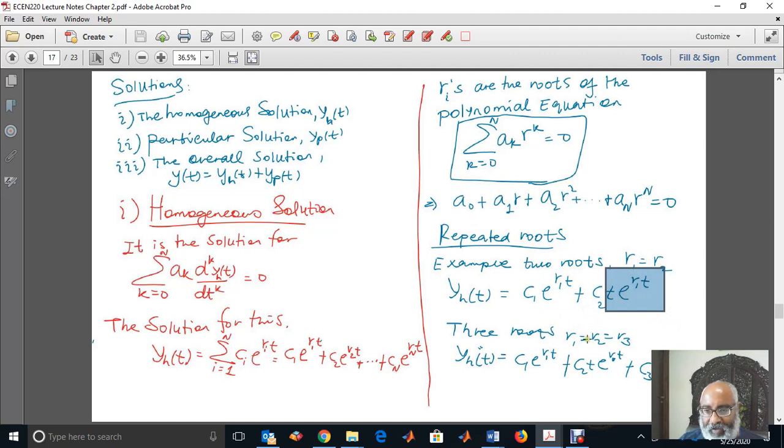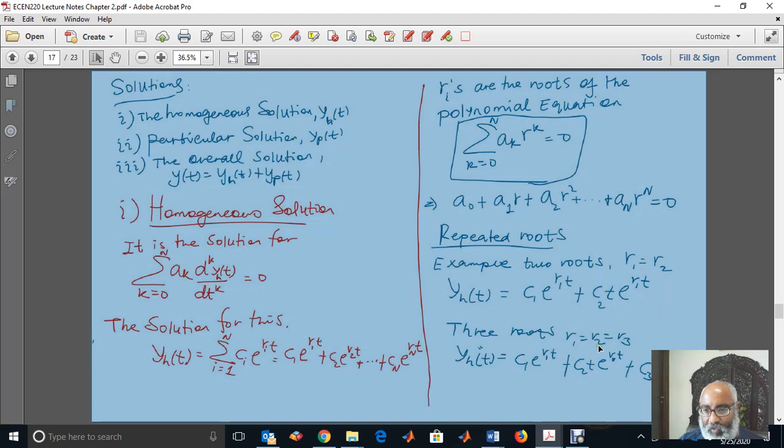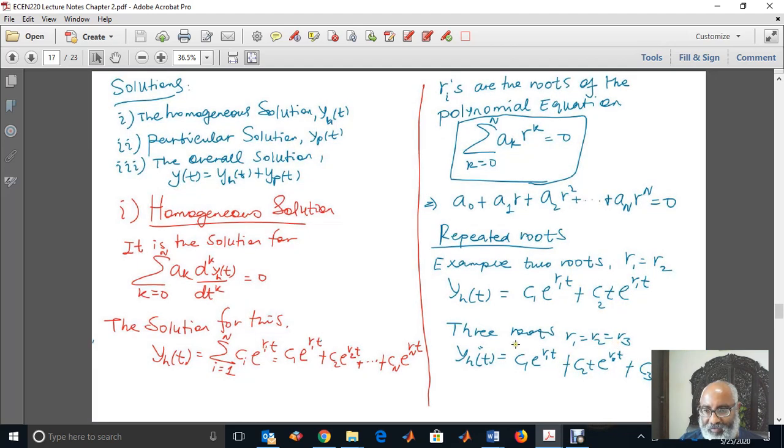If I have three roots, r1, r2 is equal to r3, they are repeated, so because they are identical, I will have the first one, c1 e to the power of r1 t, the second one, c2 times t times e to the power of r1 t, and the third one, c3 t squared e to the power of r1 t, like this. So it should be modified like this.